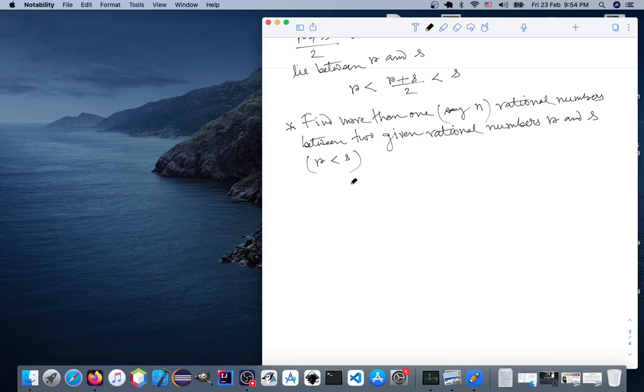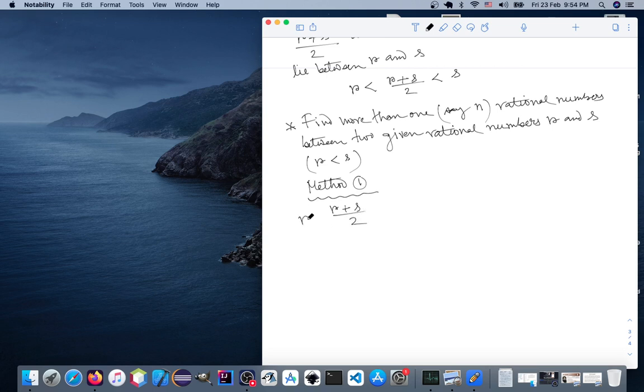So to find n rational numbers, method one is we find the rational number R plus S by 2.